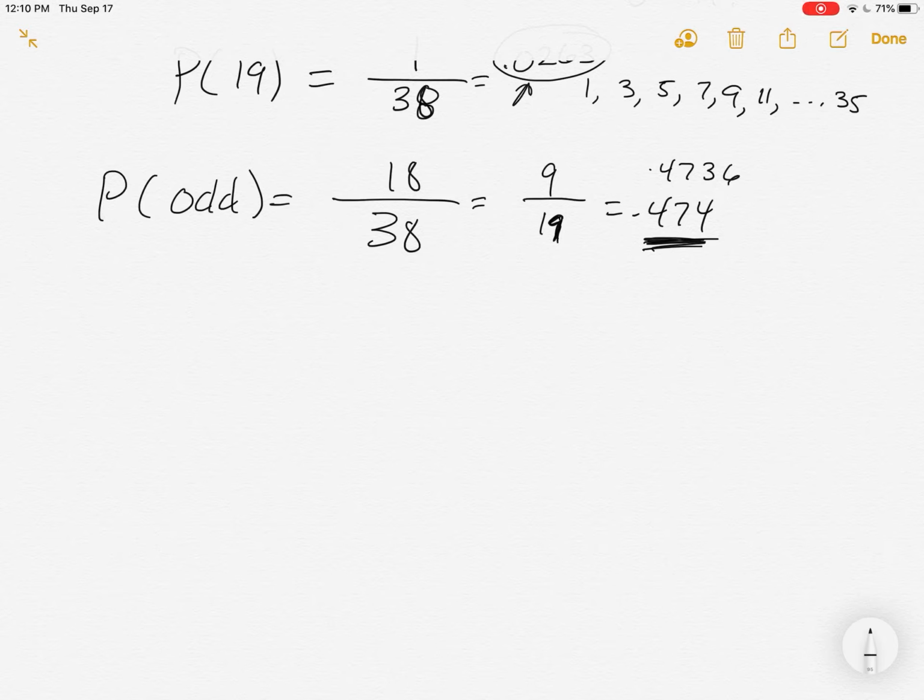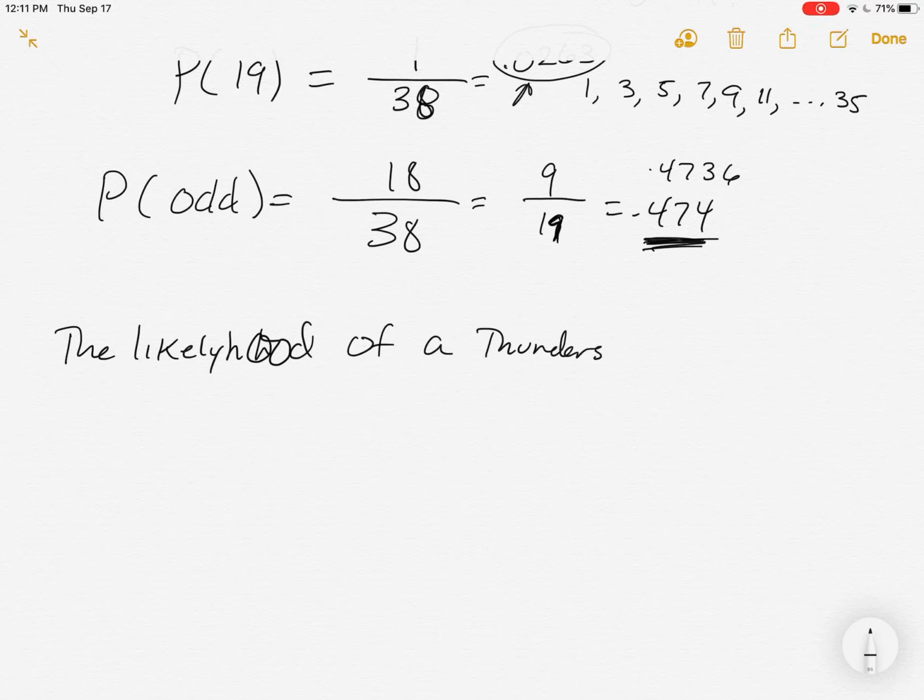The other thing that they have in there is they say something like this: the likelihood of a thunderstorm is said to be 1 in 24.